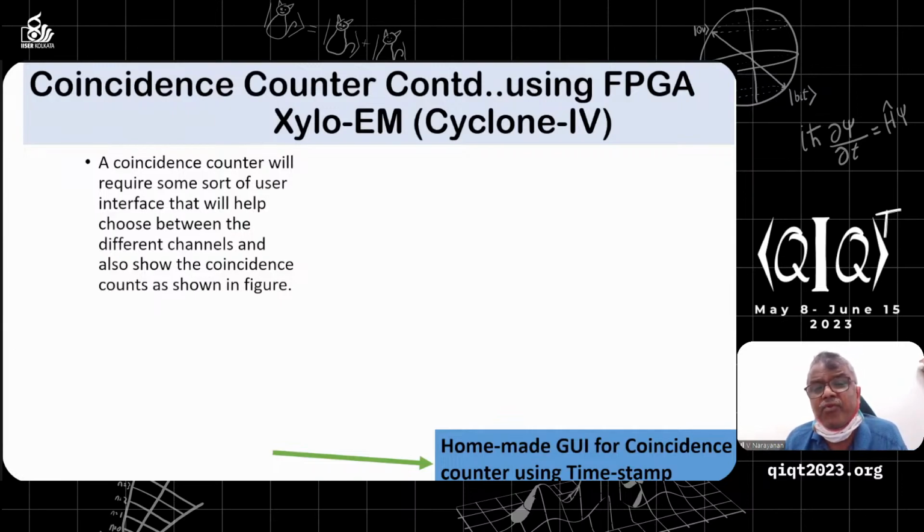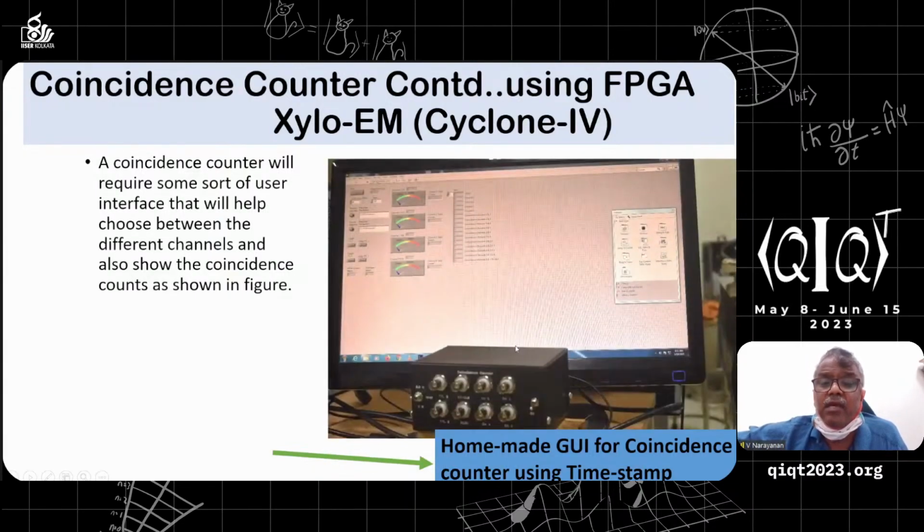You develop certain additional circuitry, and then you can see here a 4-input coincidence counter, which will tell you the arrival of the photon in terms of a timestamp or time to digital converter. By knowing the timestamps between the two different arms, either in the Hanbury Brown and Twiss experiment or in SPDC, you get the time of arrival of the photons, and then you extract the information on the correlations among the photons.